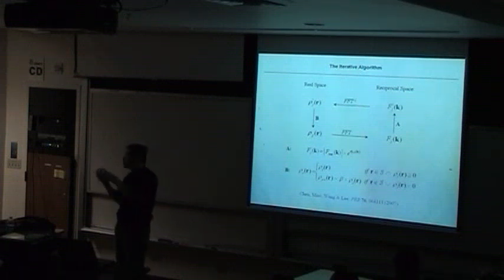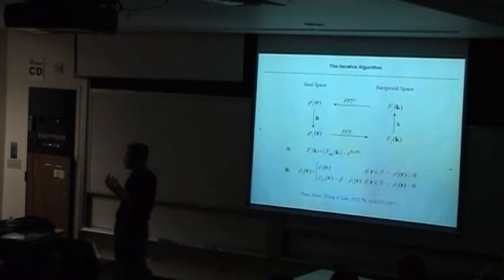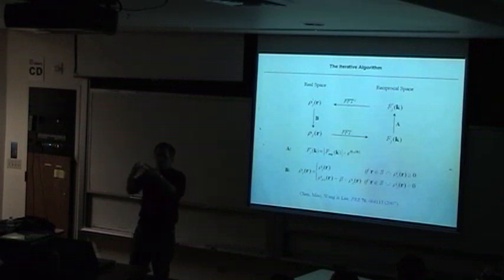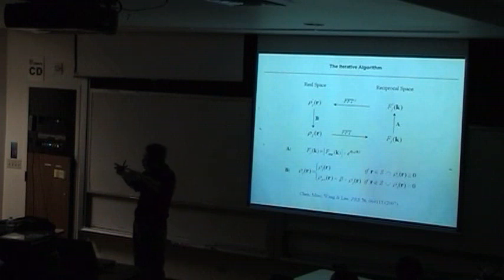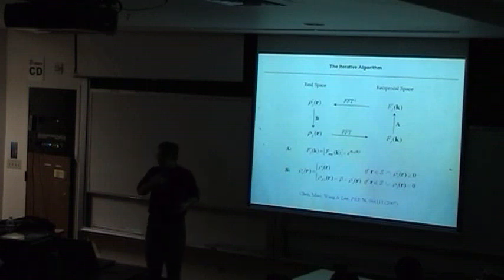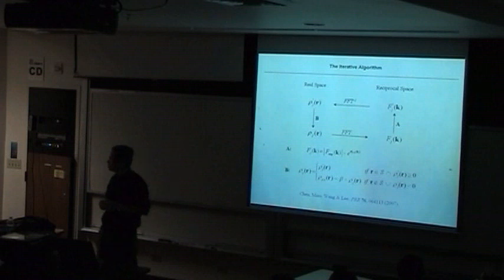First of all, from the speckle size you can roughly estimate the size of the object. And we always use what we call a loose support, a support larger than the object. Then during the reconstruction progress, you can update your support. Many algorithms have been developed that can slowly find and update the support.